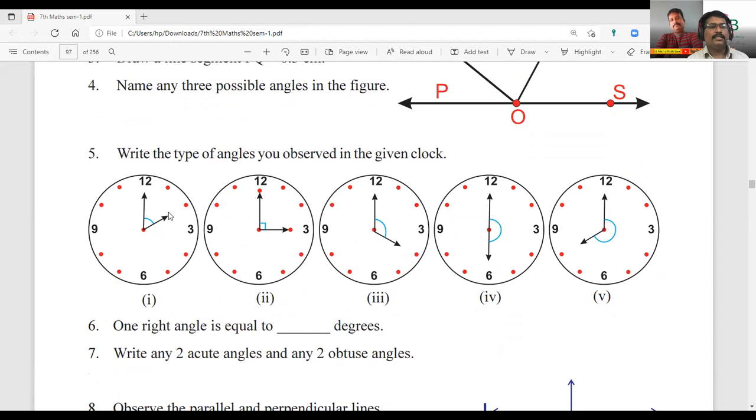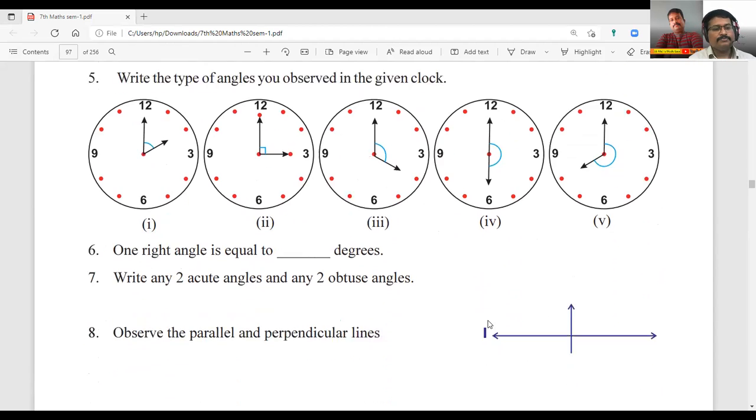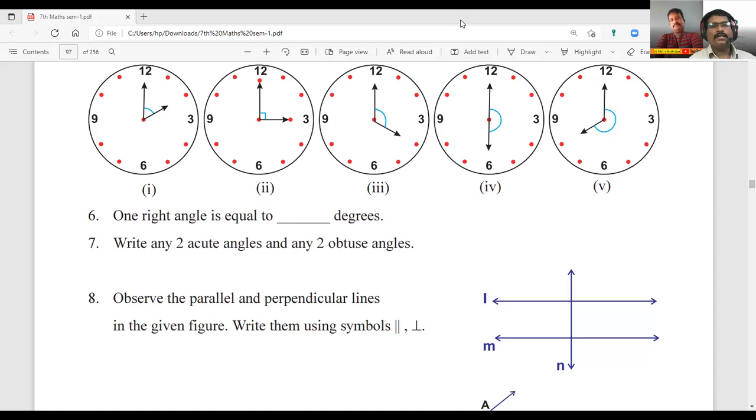That's why this is called acute angle, and this is called obtuse angle, and this is called straight angle, and this is called reflex angle. Okay, Nana? So one right angle is equal to 90 degrees. Am I right, Nana?